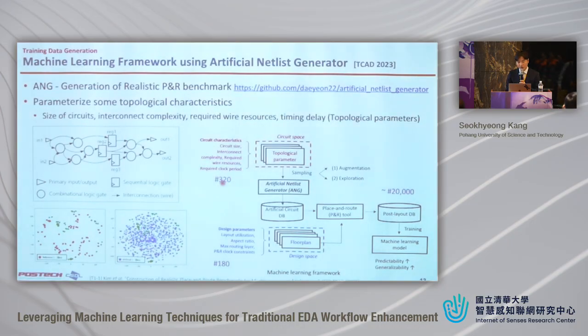This 320 data is well-balanced data. It means that this t-SNE graph is the 2-dimensional trajectory of the design characteristics, the red one is the real data, but the blue one is artificial data. So artificial data can cover more design space, and it is much more helpful for the training.